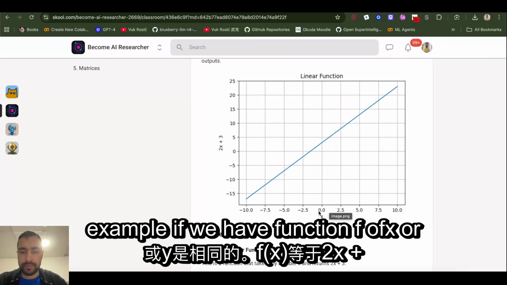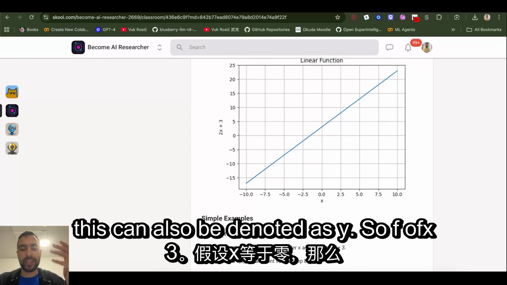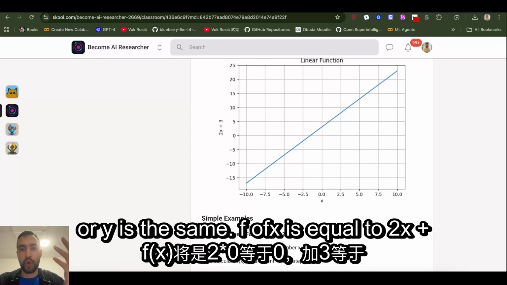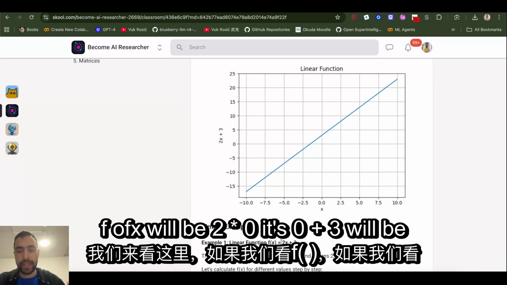So for example, if we have function f of x, or this can also be denoted as y. So f of x or y is the same. f of x is equal to 2x plus 3. Let's see, if x is equal to 0, then f of x will be 2 times 0 is 0, plus 3 will be 3.